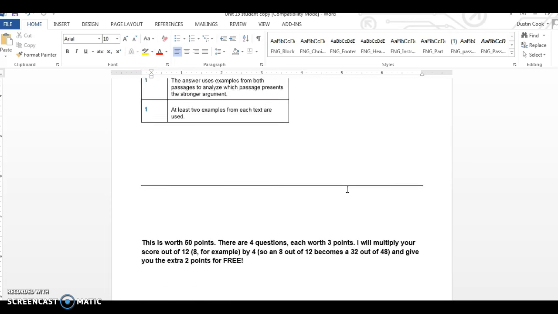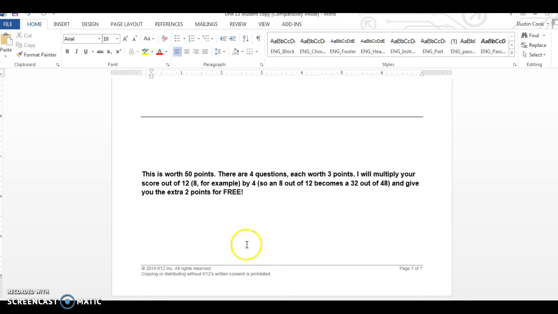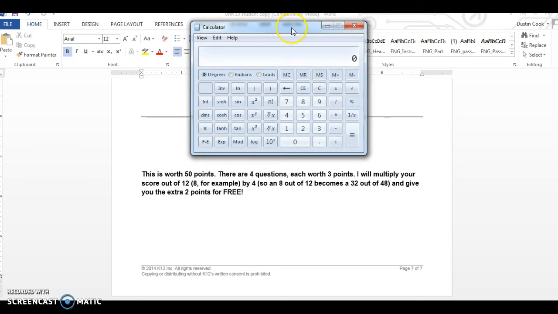I completely did away with the multi-paragraph essay about the metal detector on a beach and all that fun stuff. So there are 4 questions: number 3, number 7, 11, and 14. So how does the grading work? It is worth 50 points, mostly because 48 is a little hard to deal with.